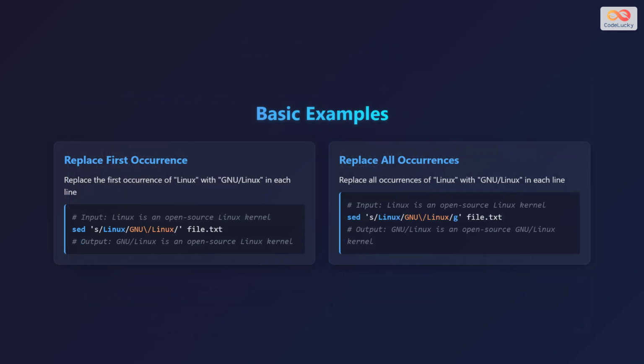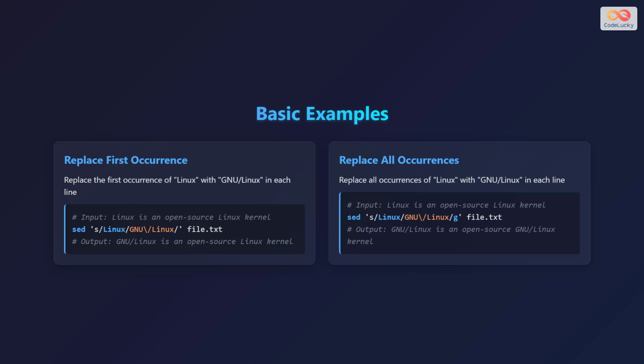Let's look at some basic examples of using the SED command. To replace the first occurrence of the word Linux with GNU/Linux in each line of a file, you can use the following command: sed 's/Linux/GNU\/Linux/' file.txt. So, if the input is Linux is an open-source Linux kernel, the output will be GNU/Linux is an open-source Linux kernel.